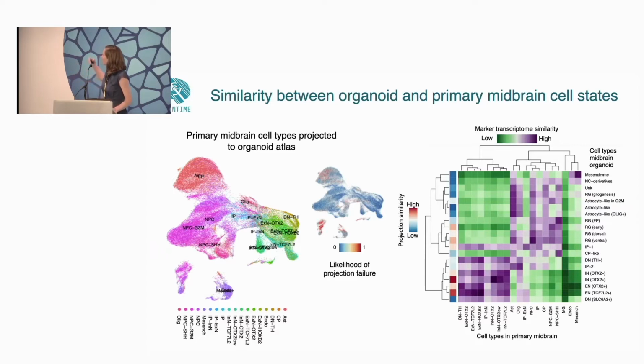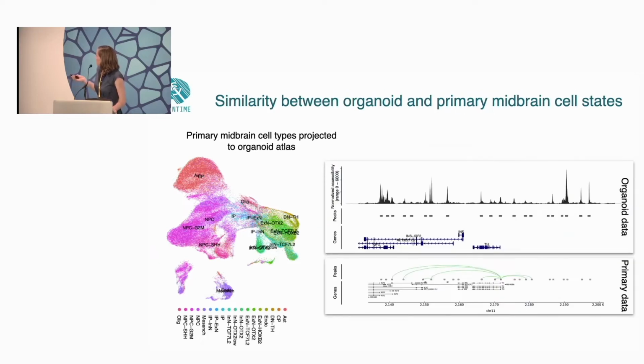We have a bit less confident projection to these non-neural cells, such as mesenchymal cells in the organoid and neural crest derivatives, which very much makes sense. So overall, we can say that we find a counterpart from the in vivo data for every in vitro cell type, which is very, very nice.